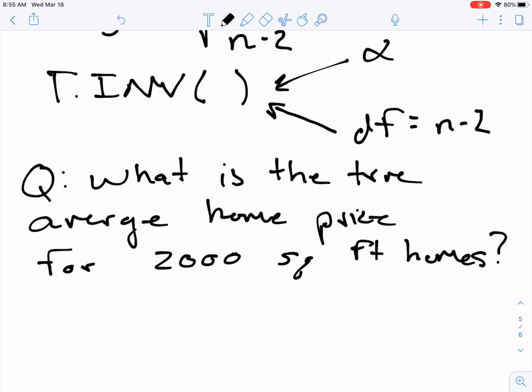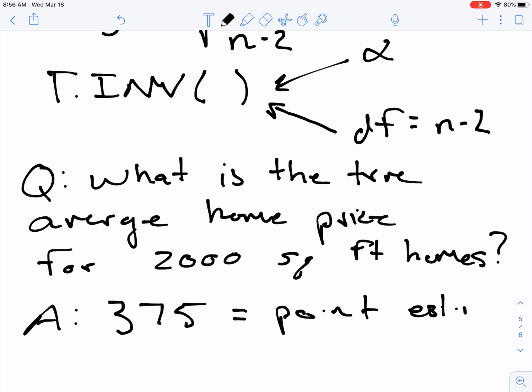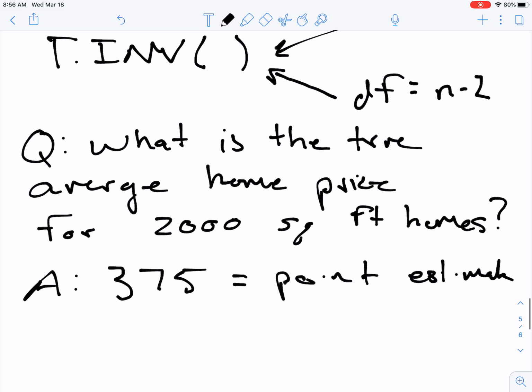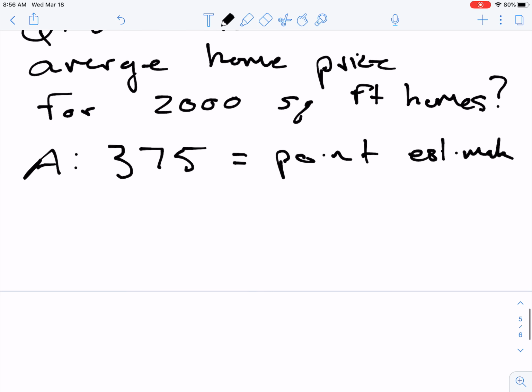Notice that we're talking about what is the average, not an individual value, but the average. So we're in the world of confidence intervals. The answer for the point estimate is 375, which we already saw because we already just plugged 2,000 into our equation. We've also mentioned that this 2,000 is x bar.